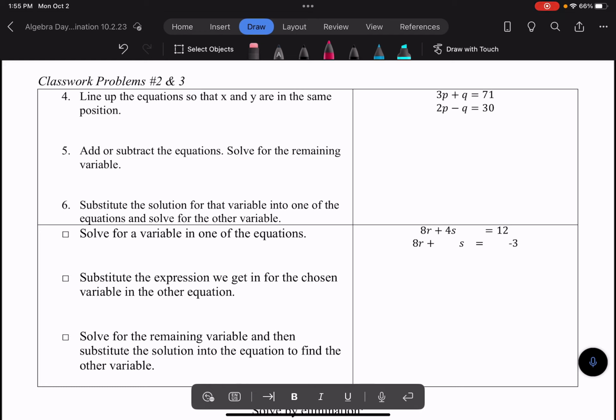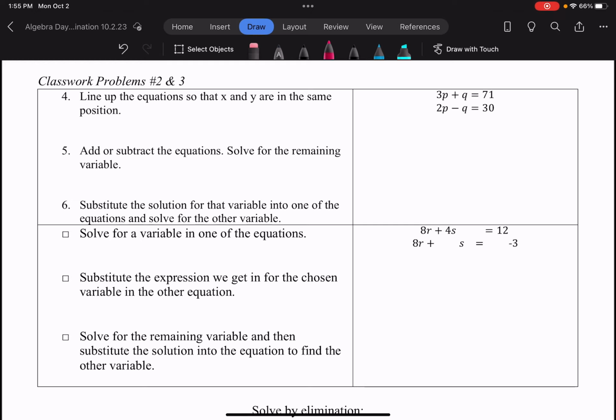So for question 2, we have q and negative q already set up to be opposite coefficients. And so 3p and 2p will be 5p, and then 71 and 30 will be 101. So you can see here we're going to get a decimal for our answer. It's not the most beautiful thing in the world, but it's fine, you'll be okay. You can leave it as a fraction or you can do it as a decimal, because our decimal here is 20.2, which is a nice simple decimal to work with.